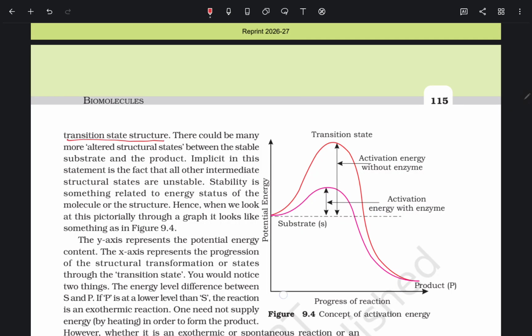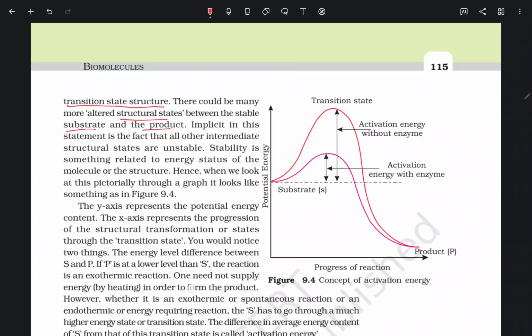There could be many more altered structural states between the stable substrate and the product.